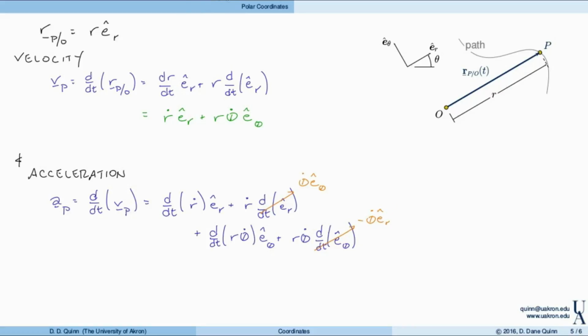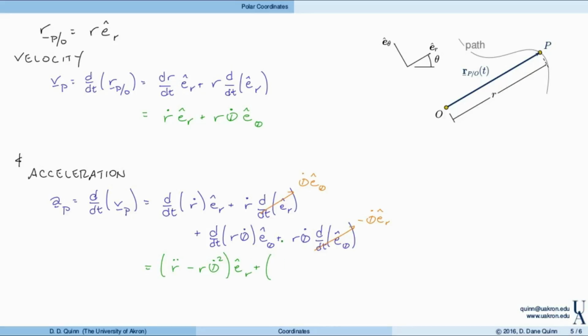And so, as a result, when we work this out and collect terms in ER and e theta, we have r double dot, right, from here. Now, this term is going to be minus r theta dot squared, because I have a theta dot here and one contributes from here. So that's in the ER direction.